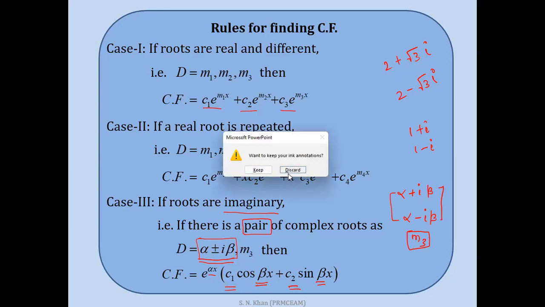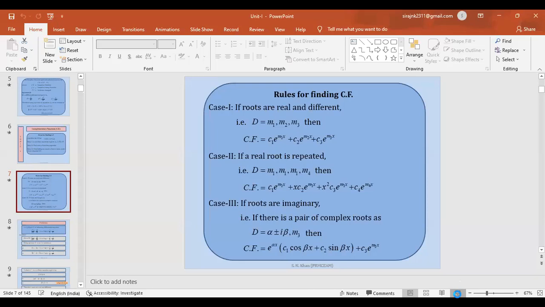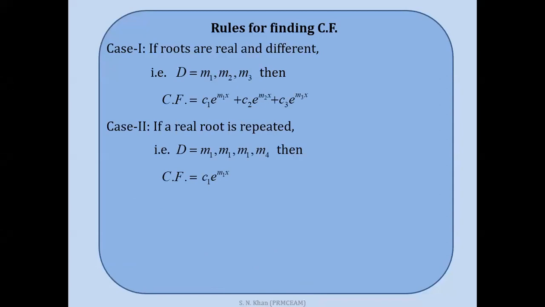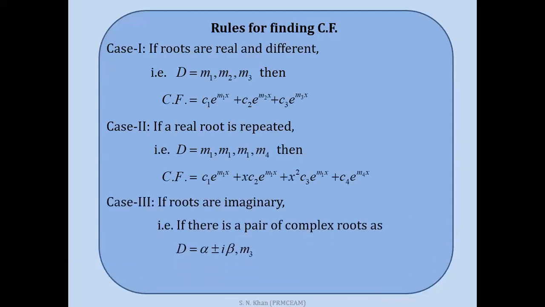Now let's check an example of how we are going to apply this formula. Before that, just a minute, one third term is remaining here. The third root is M3 which is real and different. We have written the formula for two roots. The first two roots are complex, so for them we get e to the power alpha x in bracket C1 cos beta x plus C2 sin beta x.